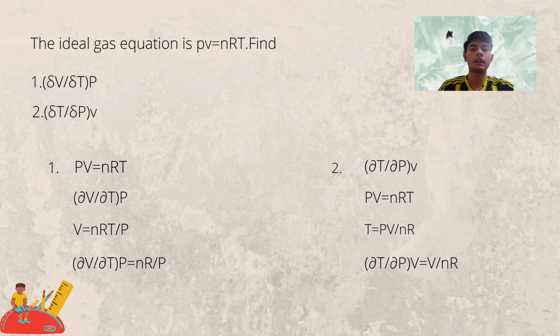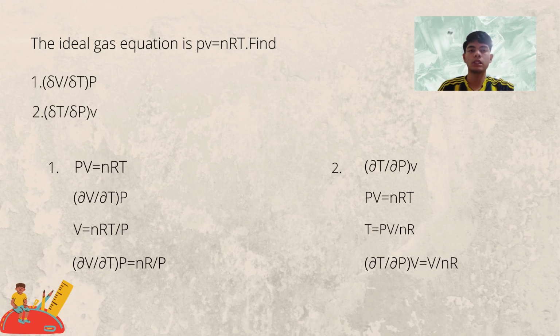This is done by dividing both sides by P to produce V equal to nRT over P. And then we can differentiate with respect to T, and we make P the constant. So we will get dV/dT equal to nR over P.